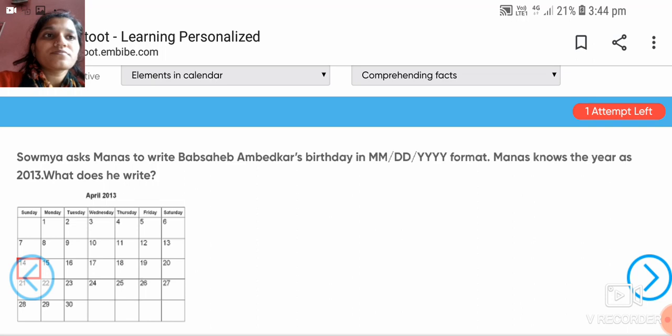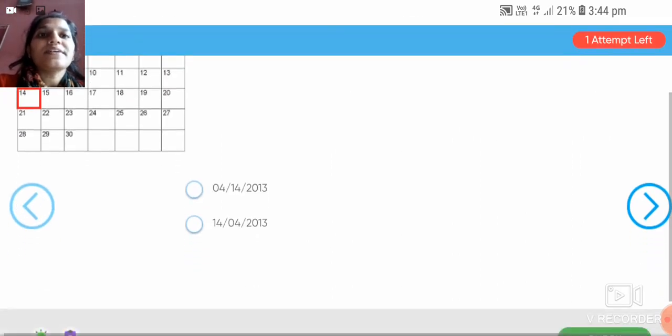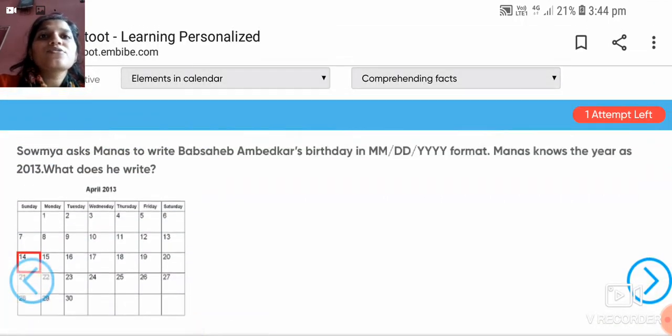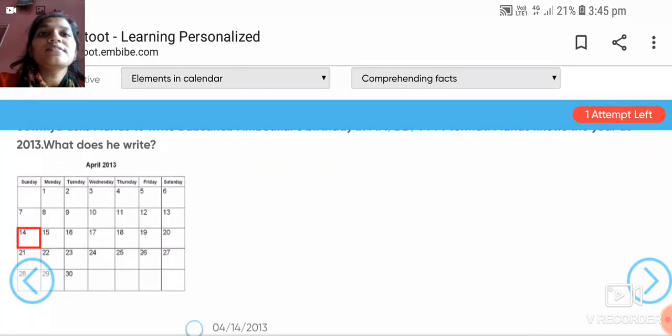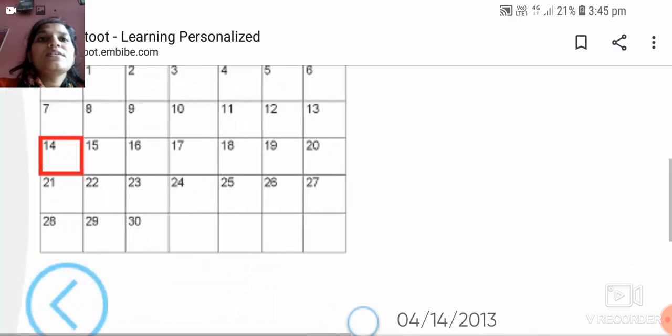Yes, so this will be the last question. Soumya asks Manas to write Baba Saheb Ambedkar's birthday in month, date and year format. Manas knows the year as 2013. What does he write? Students, now we will see the month also.